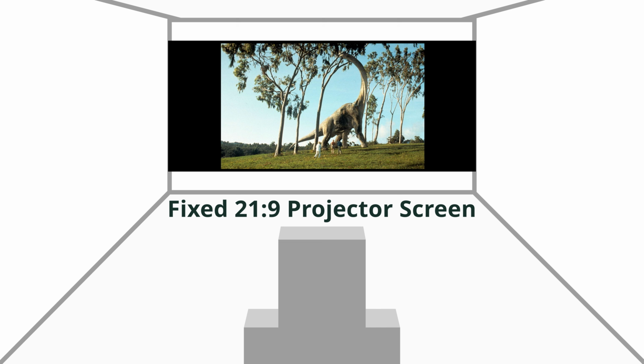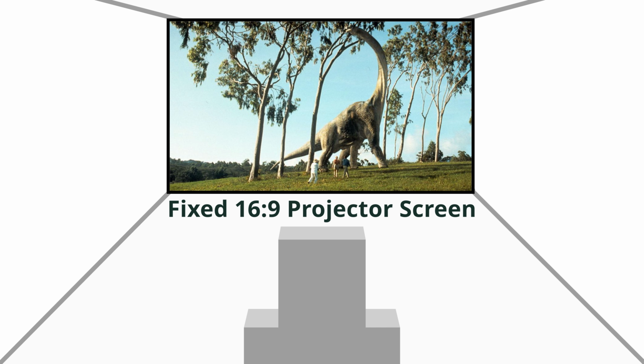So if I'm watching the original Jurassic Park on a projector screen, I want it to be 16:9. And I want to have that 16:9 ratio taking up basically the entire width of the wall that the projector is projecting onto. That to me just seems like it would be more immersive. So there's an example of why I think constant image width would be better.